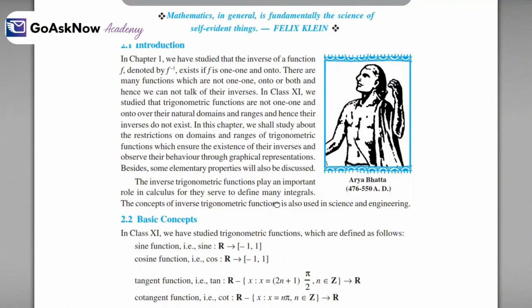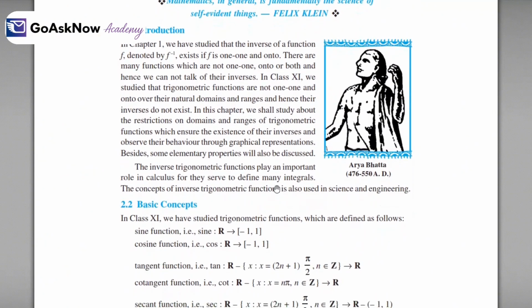In this chapter, we shall study the restrictions on domains and ranges. As I told you, there are some restrictions on the domains and ranges of trigonometric functions which ensure the existence of their inverses, and we will observe their behavior through graphical representation.